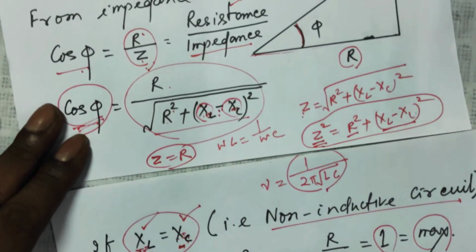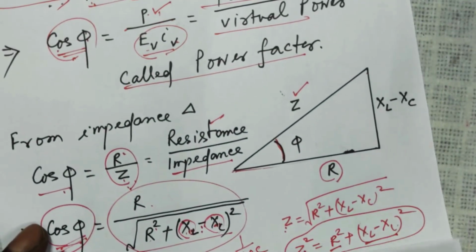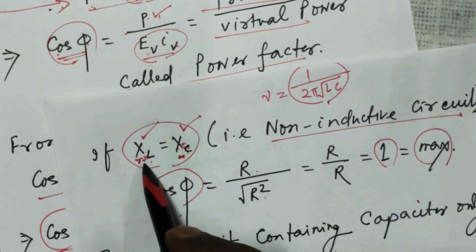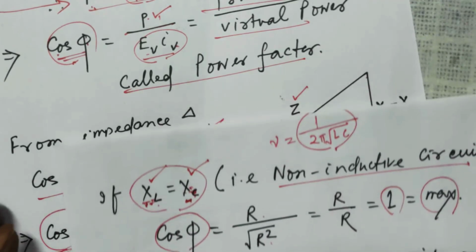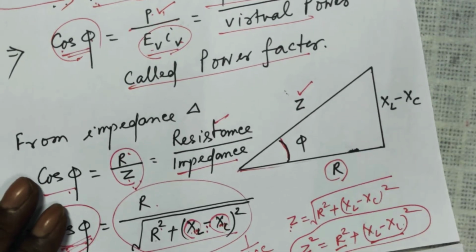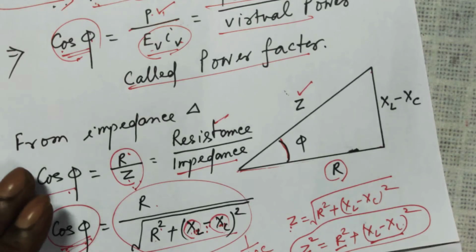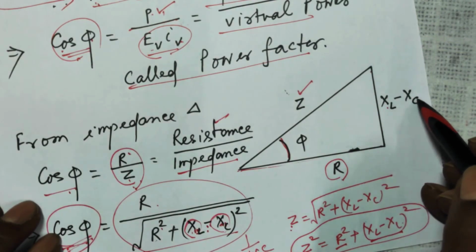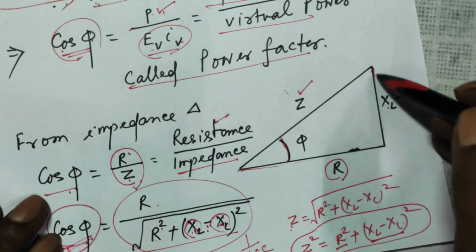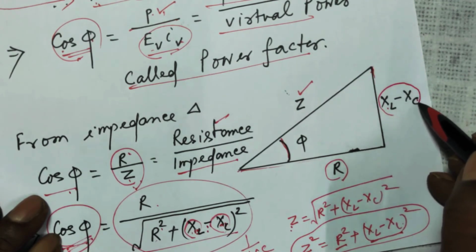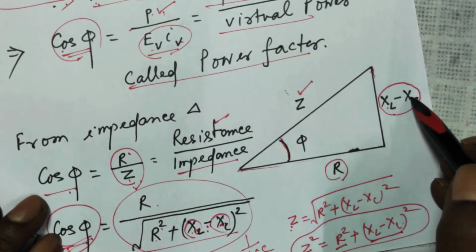If you look at the impedance triangle also, applying this condition, XL equal to XC, you also get phi equal to 0 degrees, that is cos phi is equal to 1. Let me explain. If XL is equal to XC, this side of the impedance triangle is represented by this. Then this minus this is 0.